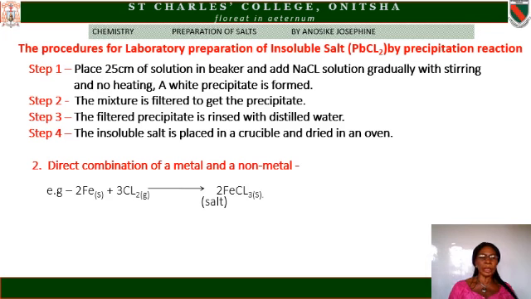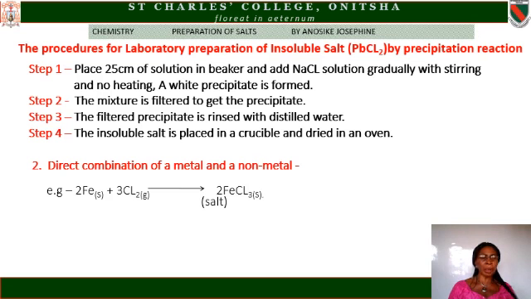A white precipitate is formed. Second stage, the mixture is filtered to get the precipitate. Third stage, the filtered precipitate is rinsed with distilled water. And finally, the fourth stage, the insoluble salt is placed in the crucible and dried in an oven. That is how we can get our simple lead 2 chloride in the lab.